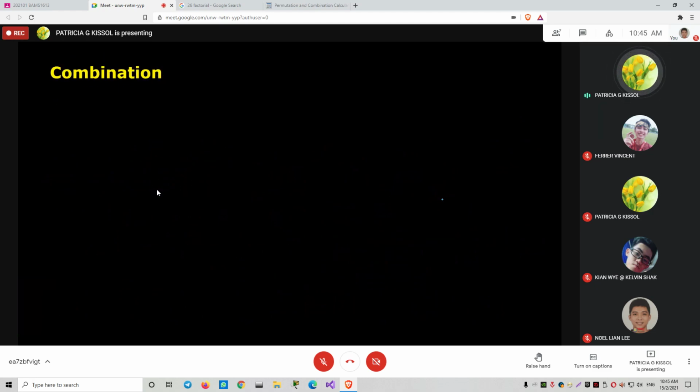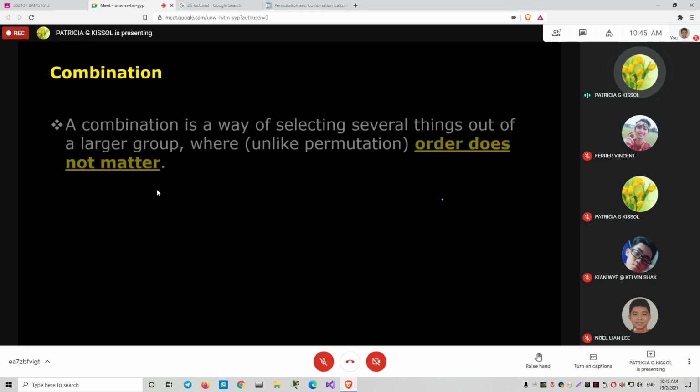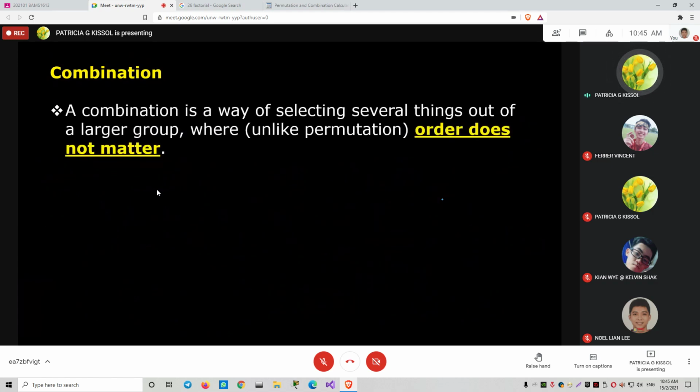So based on our knowledge of permutation, we go on to the next area, which we call the combination. Combination is a way of selecting several things out of a larger group, basically the same thing as permutation. But the only difference is, unlike permutation, order does not matter.